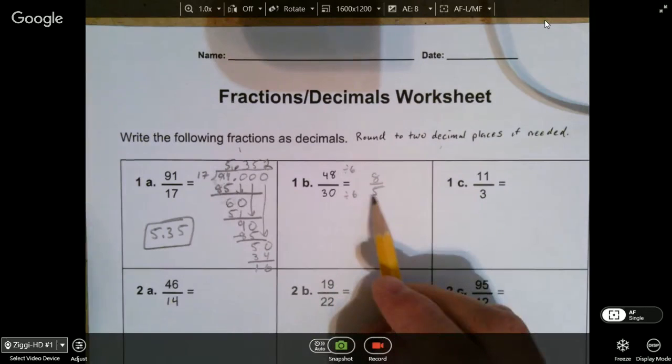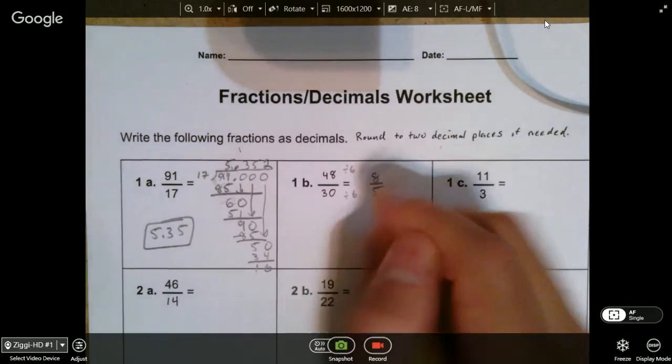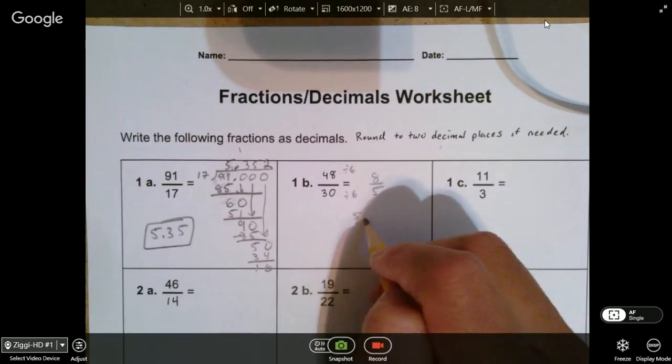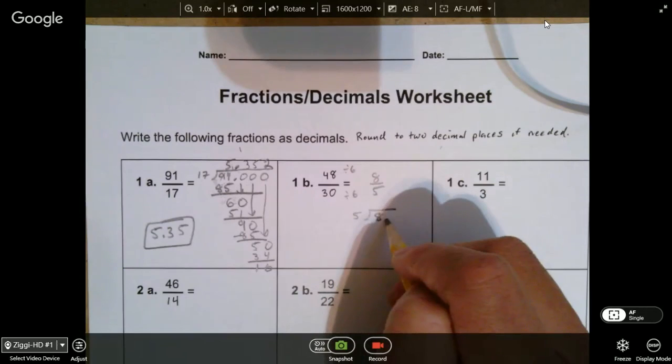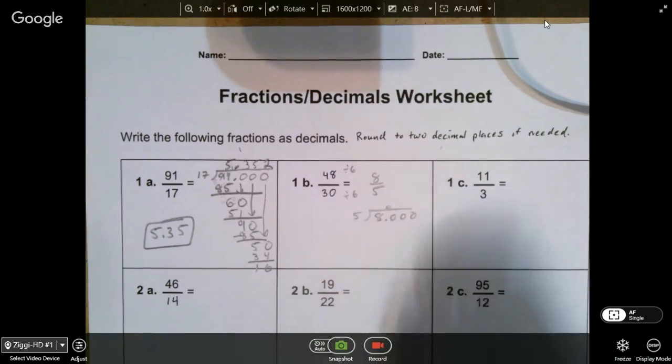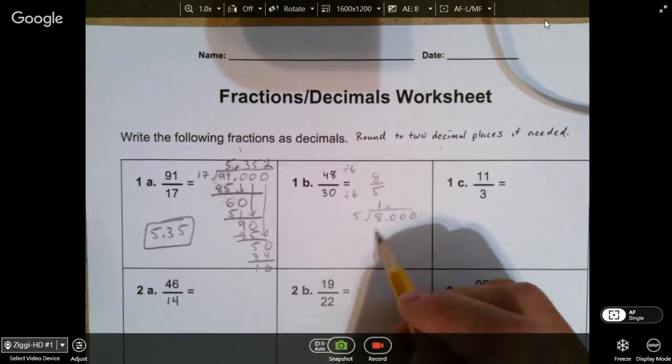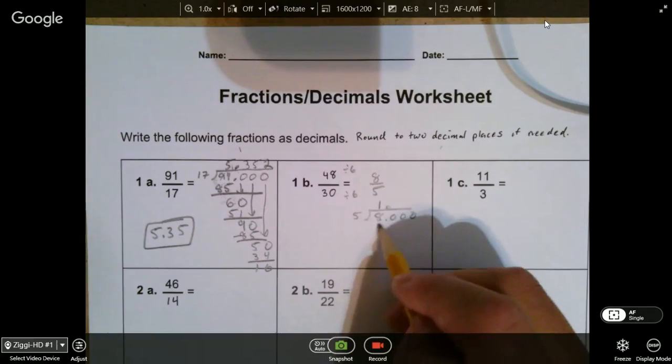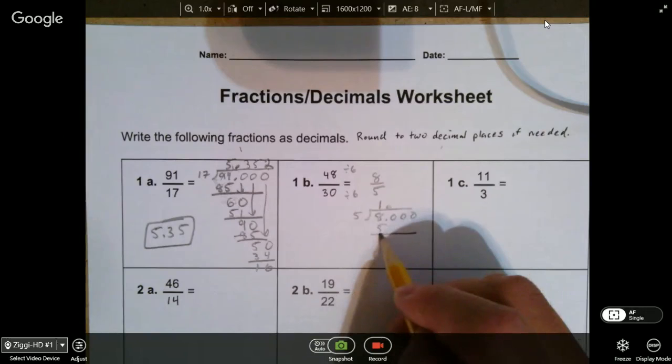So now instead of dividing 30 into 48, much more manageable numbers. So I'm going to divide 5 into 8. 0.000. Move that decimal up. 5 goes into 8 one time. 1 times 5 is 5. 8 minus 5 is 3. 3 is smaller than 5.